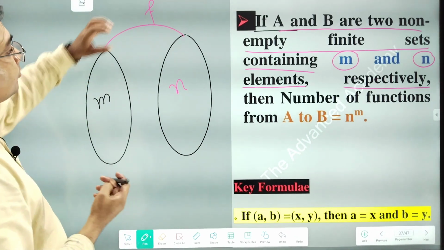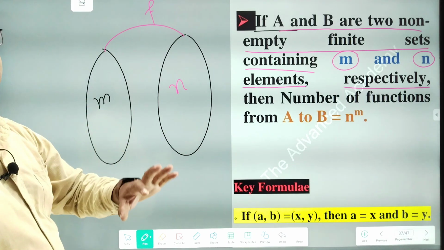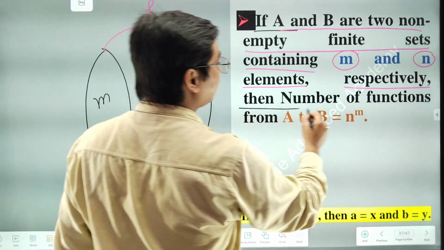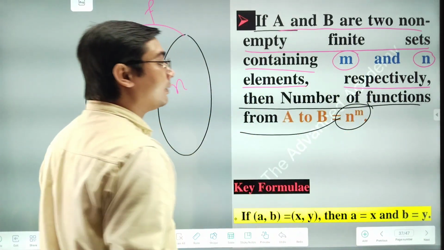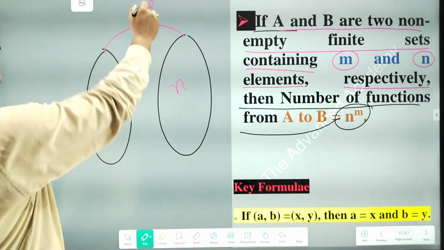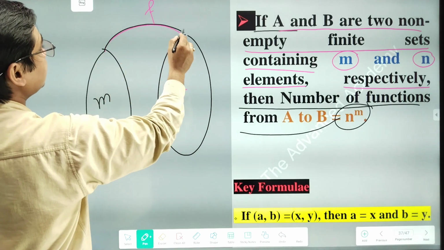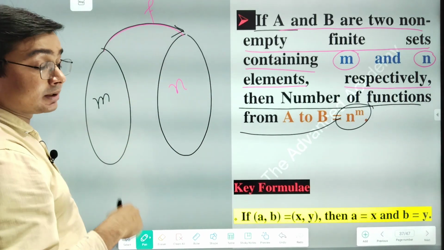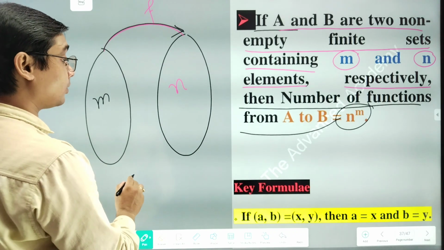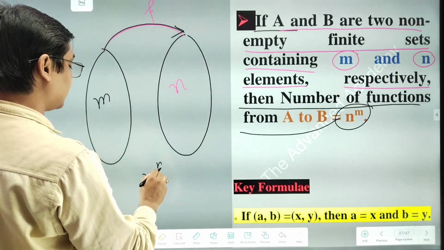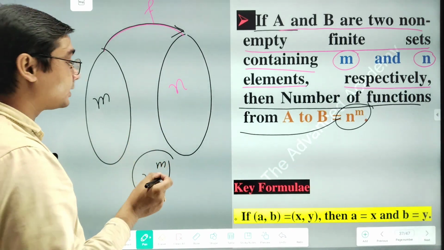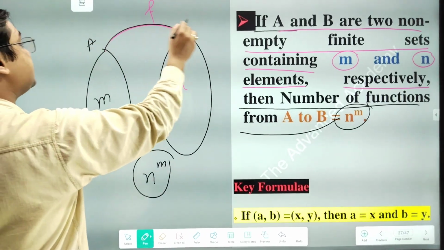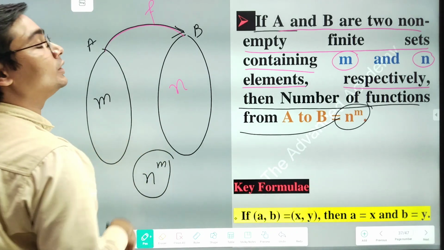Then how many such functions can we construct? The number of functions from A to B will be n to the power m. So the total number of functions we can construct from set A to set B is n to the power m.